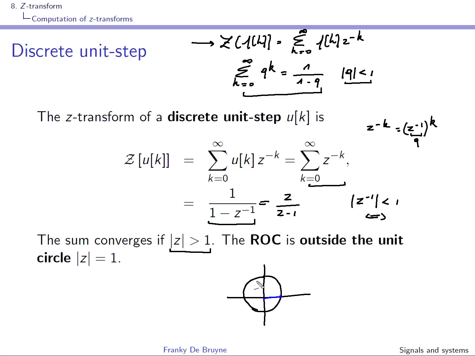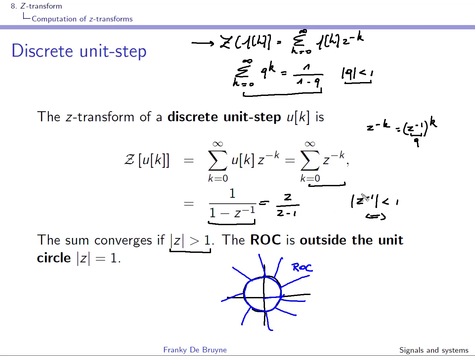Clearly, since there is one pole, it's the pole in 1, and then you draw a circle on that, and the region of convergence is the outside of this circle.